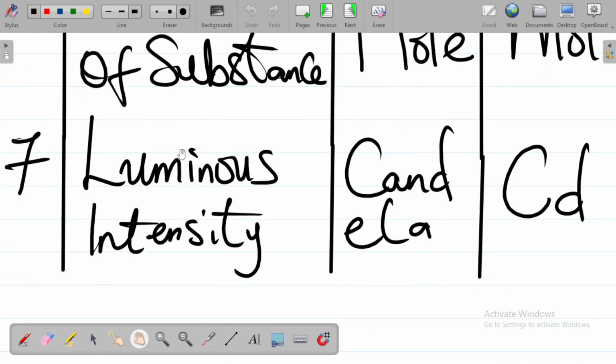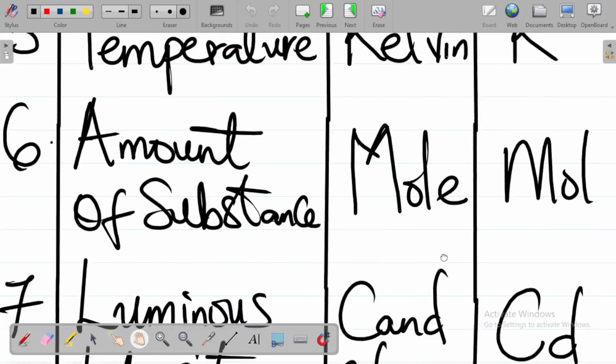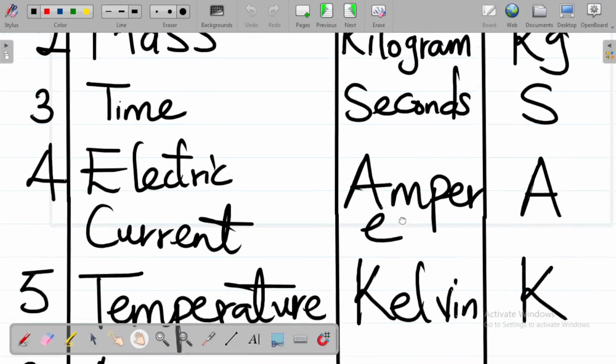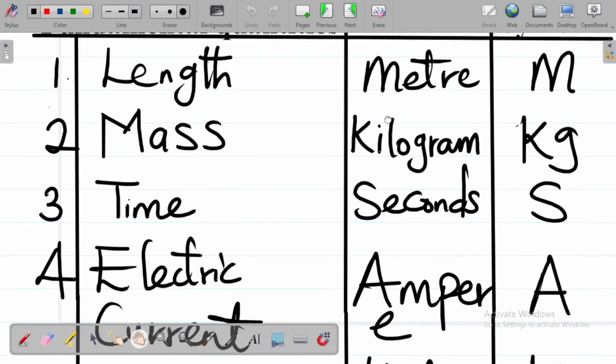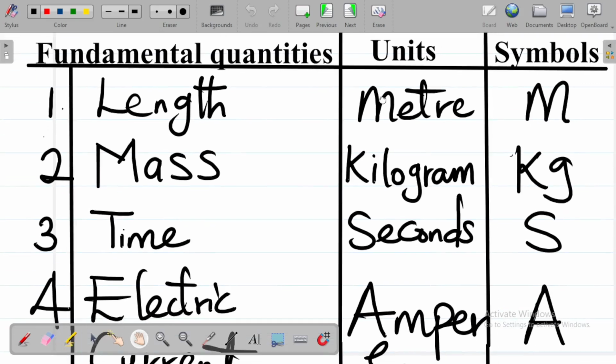And finally, we have luminous intensity. Luminous intensity is measured in candela, and the symbol for candela is cd. So far, these are the types of fundamental quantities.